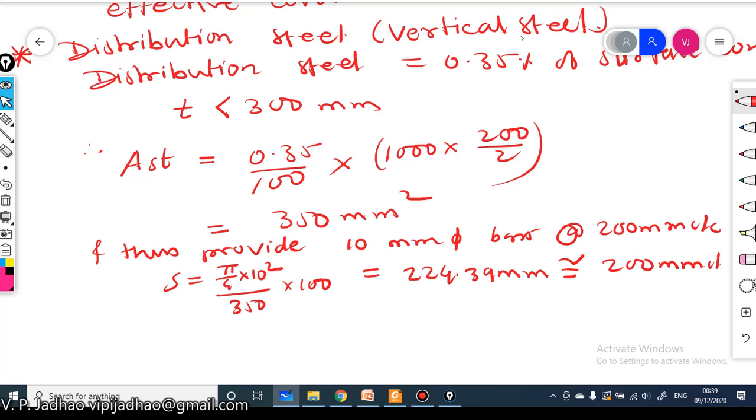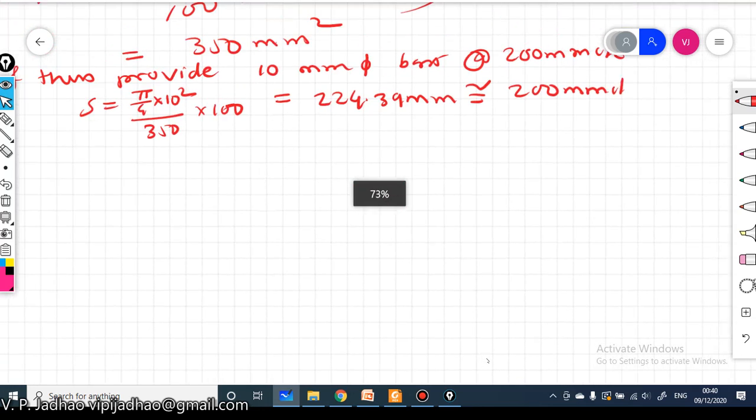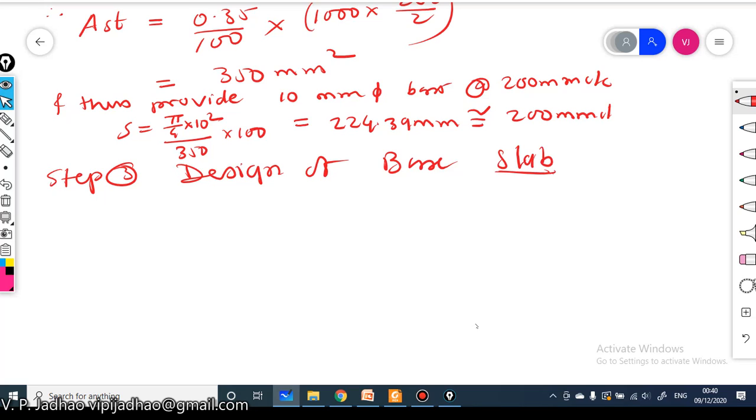And now we have to design the base slab of this particular water tank. So step 3, design of base slab. Now as this particular water tank is resting on the ground, providing a thickness of 200 mm will be sufficient.